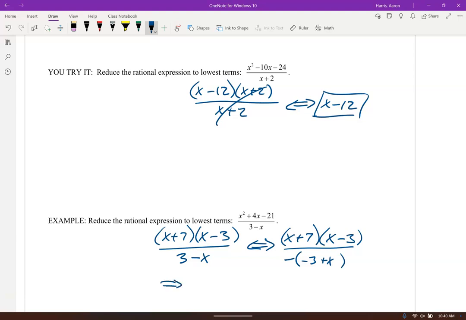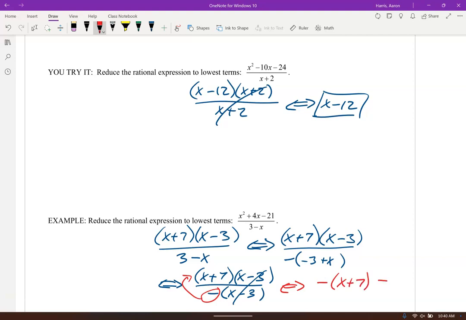Let me write it another way. Right? And we can take that negative up top and notice those cancel. And that negative 1, we'll just take that up top, right? So we got a negative x plus 7 or negative x minus 7. Either one is fine on that.